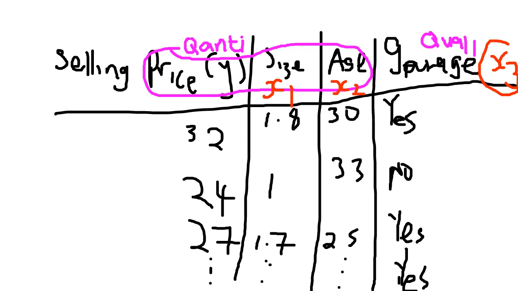Whenever you want to solve a regression problem, you want everything to be numbers. So now we have to convert this information to numbers.